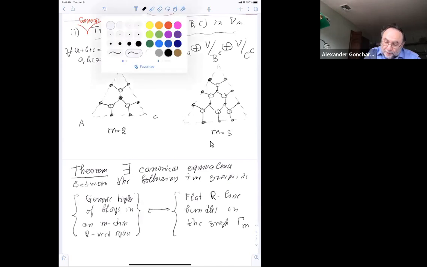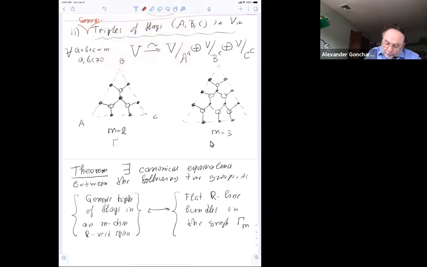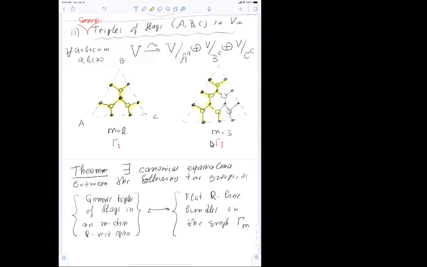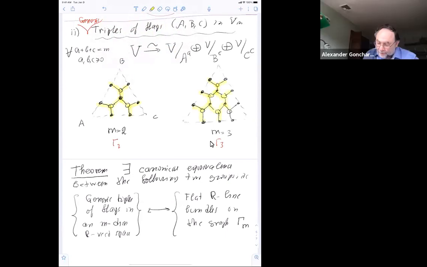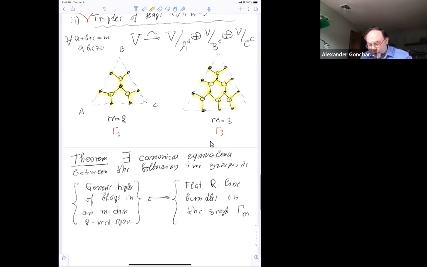So this is the graph gamma 2, and this is the graph gamma 3. And I want to stress that the graph involves this, but it does not involve the triangle. So this is the graph I'm talking about. It's a bipartite graph. At the moment, this plays no role, but this yellow graph is the graph we're talking about.